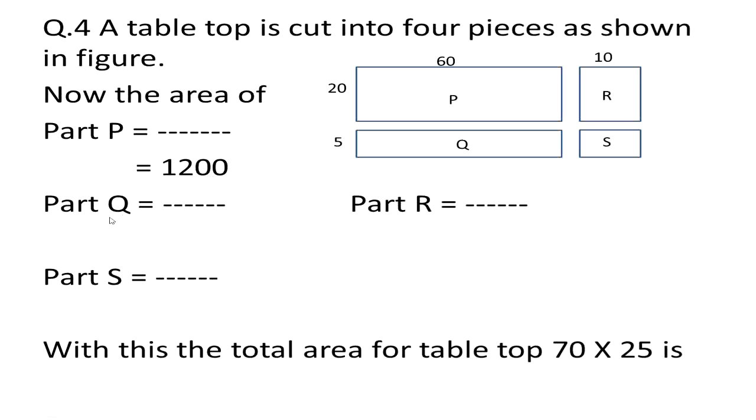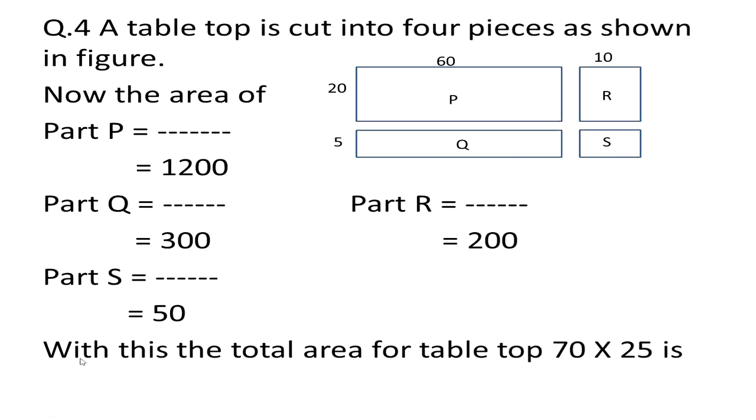Similarly, we are going to find the area for part Q and part R, and the answers are 300 and 200. See, part Q, 60 as it is into 5, we will get area 300. Part R has 10 into 20, we will get 200. We can find for part S, 10 into 5, we will get 50.